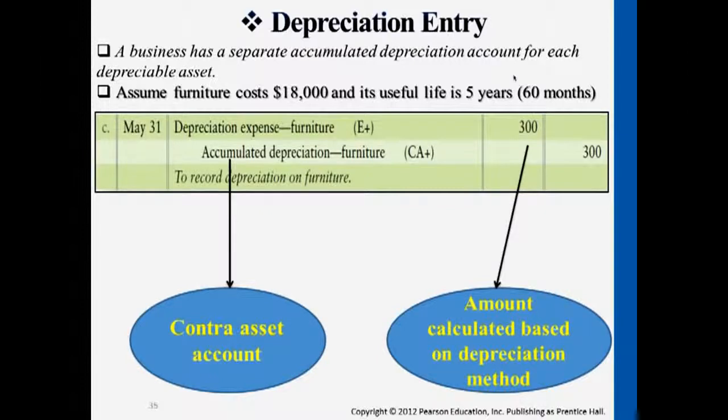It reduced $300. So when it comes to June, we will do this transaction exactly the same all over again. We would do another $300. Next month, another $300. This is a recurring entry, but we just spread the cost along the years to represent how the assets have been growing old in the corporation.